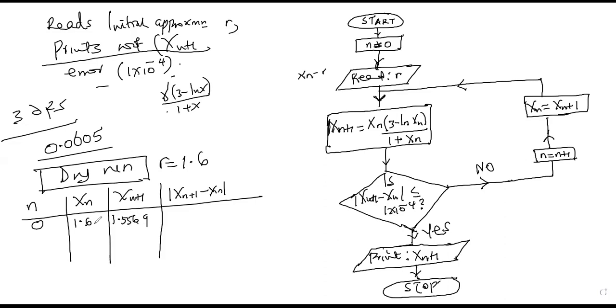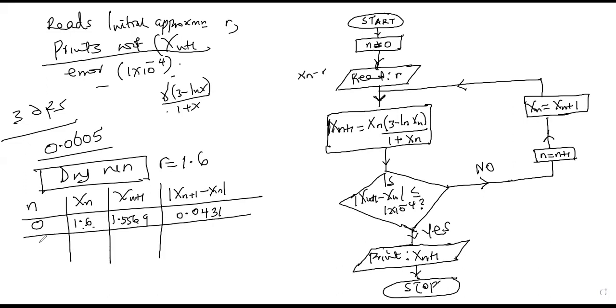1.5569. And when you take the difference between these two, xn plus 1 minus xn, you're going to get 0.0431. We had done this very example, I think. That's why I still have the values recorded. And in this particular case, even if you get a negative answer, you take the magnitude, so you have to record the positive.